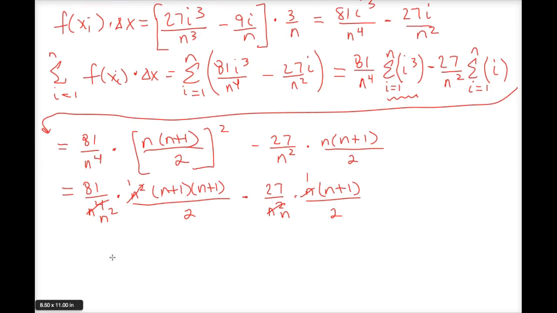So on our next step here, we'll just have 81 divided by 4, and this will be n squared over here, but we're going to rewrite it as n plus 1 over n times n plus 1 over n, like that. And then we'll say minus 27 over 2, and then we'll write just n plus 1 over n.